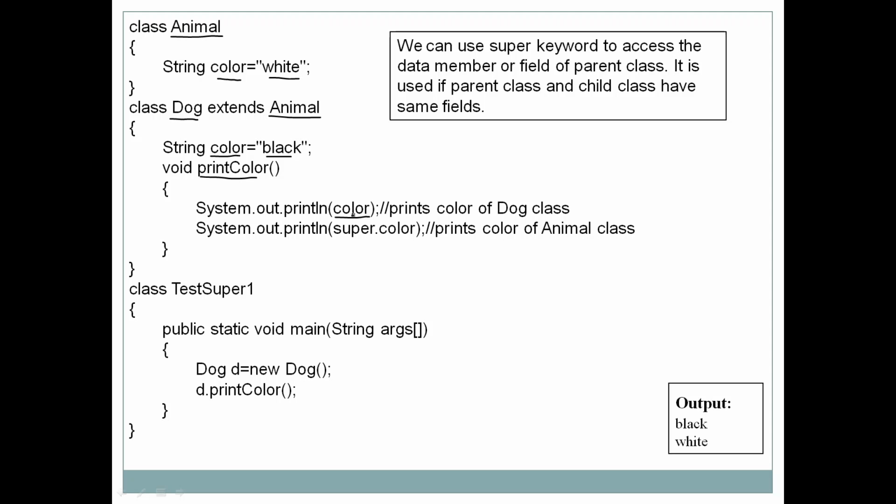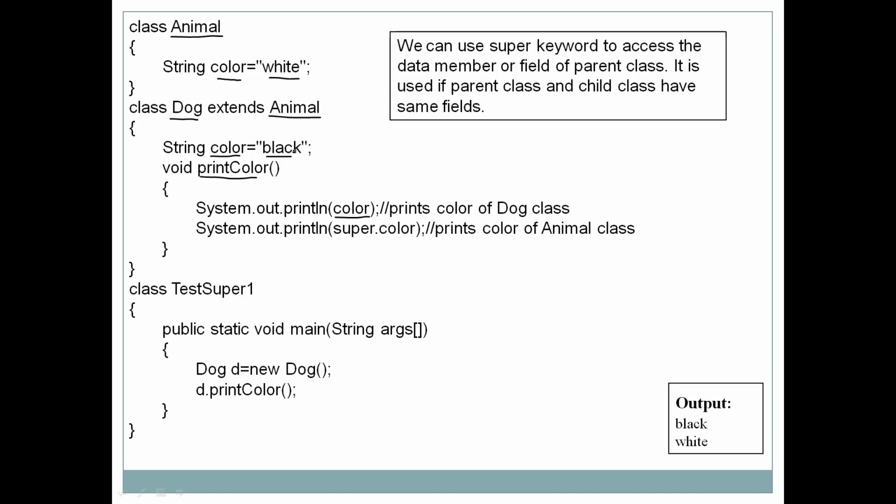Of course, it will display the value black, because the child class variable always overrides the parent class variable, and that is the reason when I simply print color, it will print black. That is the color variable from class Dog. But suppose I don't want the color variable from the child class Dog to be printed. I want the color variable from the Animal class, its value, to be printed. What can I do?